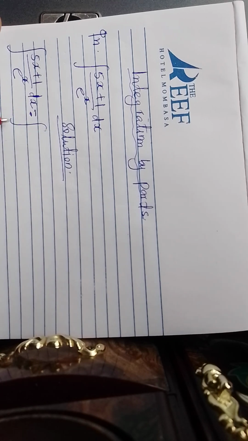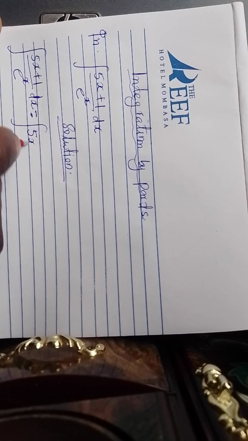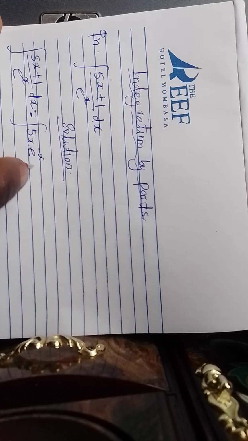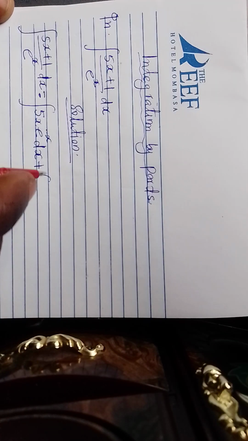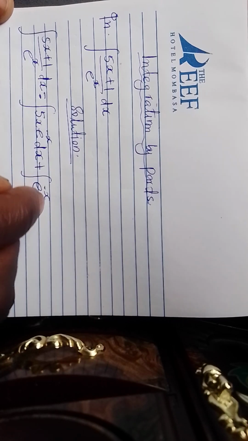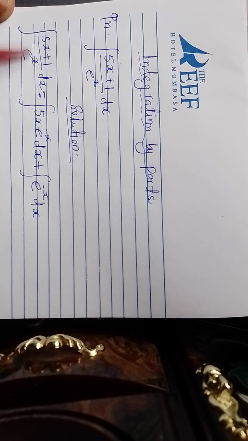We now have the integral function 5x exponential raised to power negative x dx plus the integral sign exponential raised to power negative x dx. We have expanded our problem. It now becomes this one.